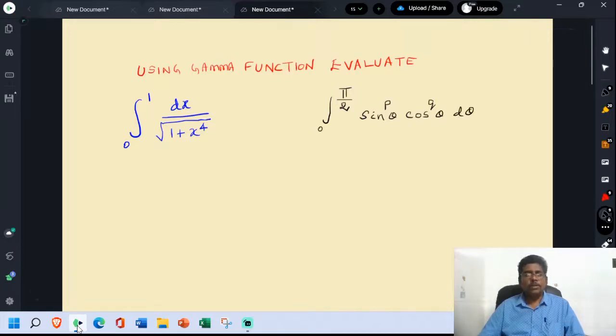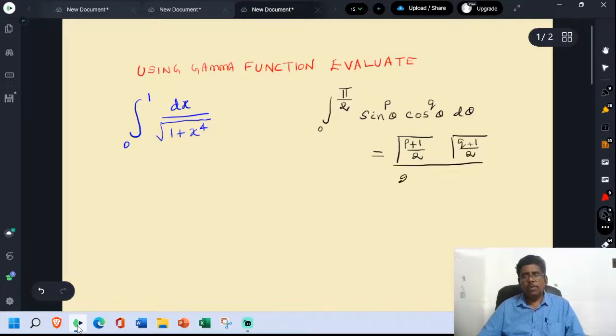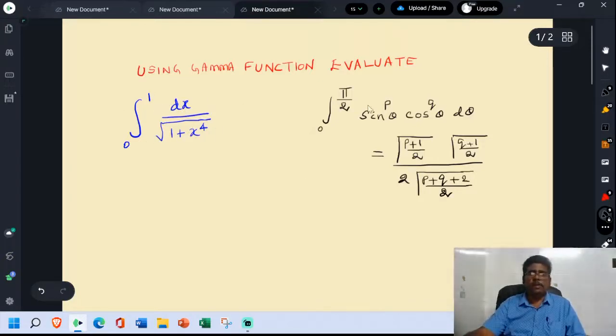We should change this integral to this form because this integral has the standard result, which is gamma of (p plus 1) by 2 into gamma of (q plus 1) by 2, whole divided by 2 times gamma of (p plus q plus 2) by 2. So we have to change this integral to this form.